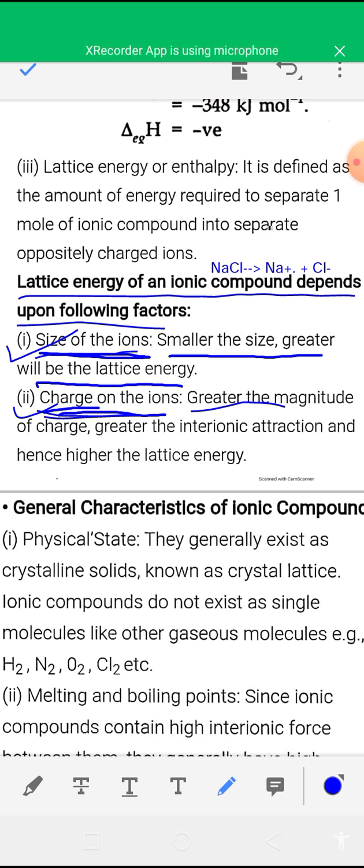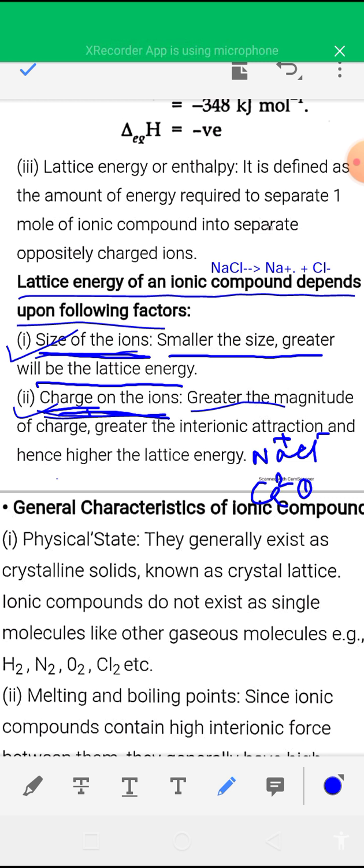And second factor is charge on the ion. Greater the magnitude of charge, greater is the interionic attraction between cation and anions in ionic compound, and hence higher will be the lattice energy. That is why lattice energy of NaCl is less than lattice energy of CaO, because in NaCl, Na+ and Cl- charges are +1 and -1.